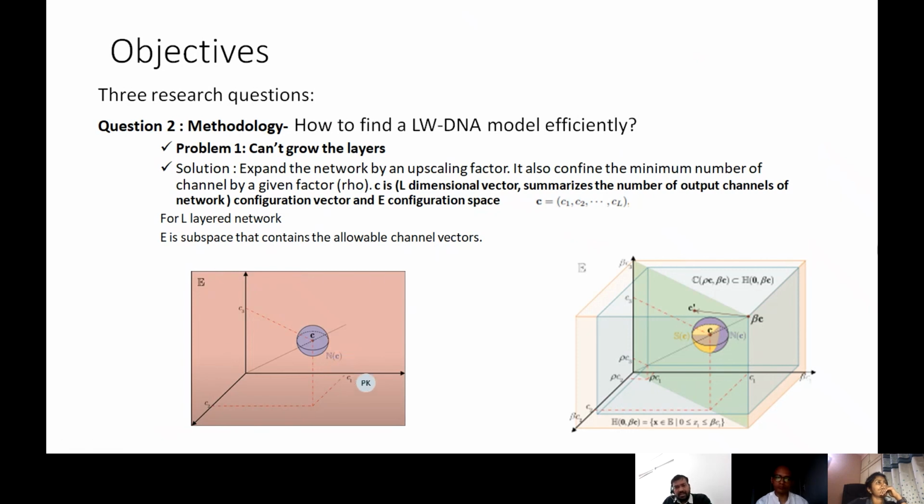And then this configuration vector is expanded, and the whole idea of expansion is to increase the solution space where you can go and find a better solution for this configuration vector, because this configuration vector C is initialized manually and is not always optimal. So the idea is to come up with the optimal configuration vector which can reduce the complexity of the model.